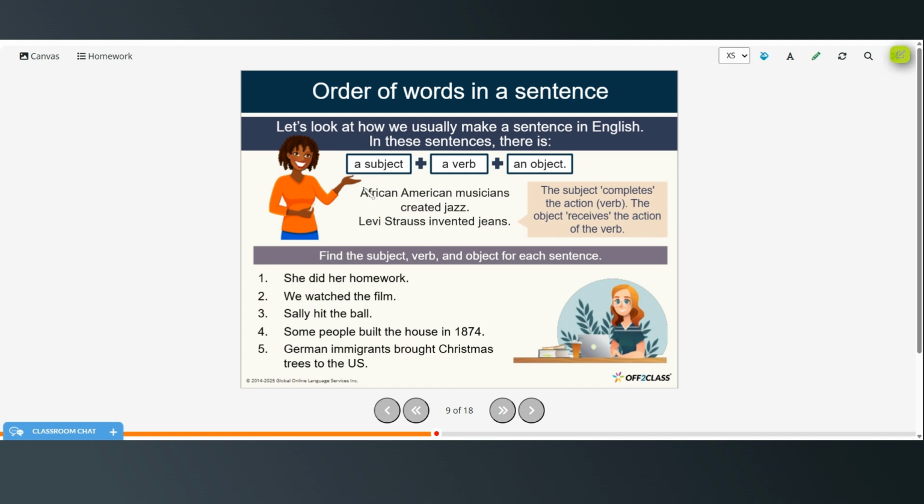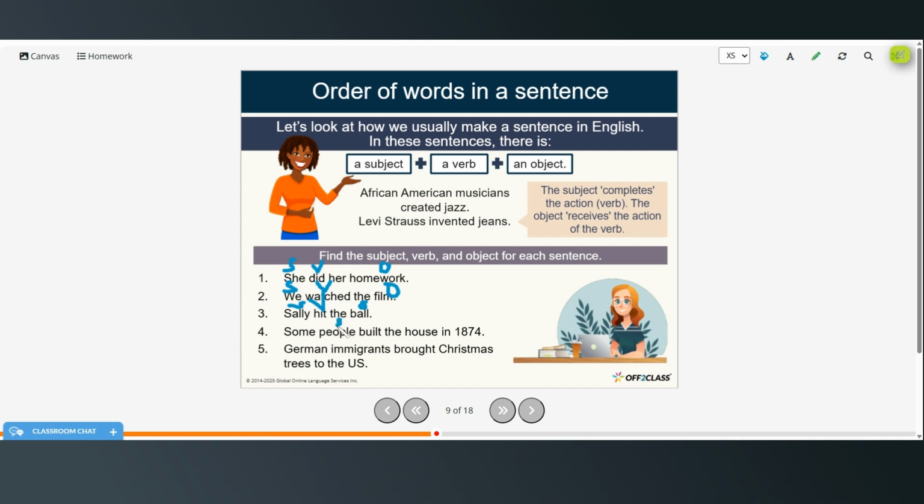So she did her homework, subject, verb, object. We watched the film, subject, verb, object. Sally hit the ball, subject, verb, object. Some people built the house in 1874.